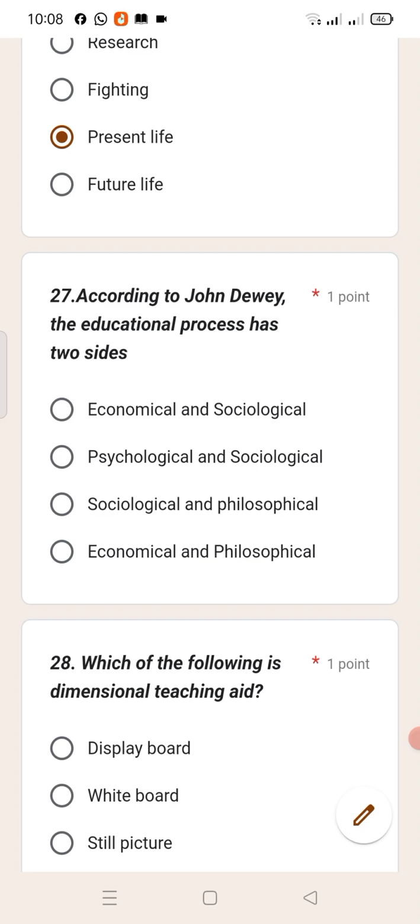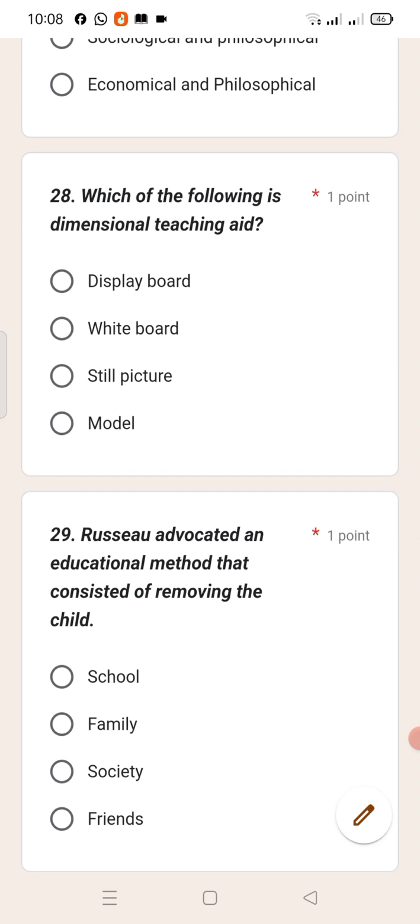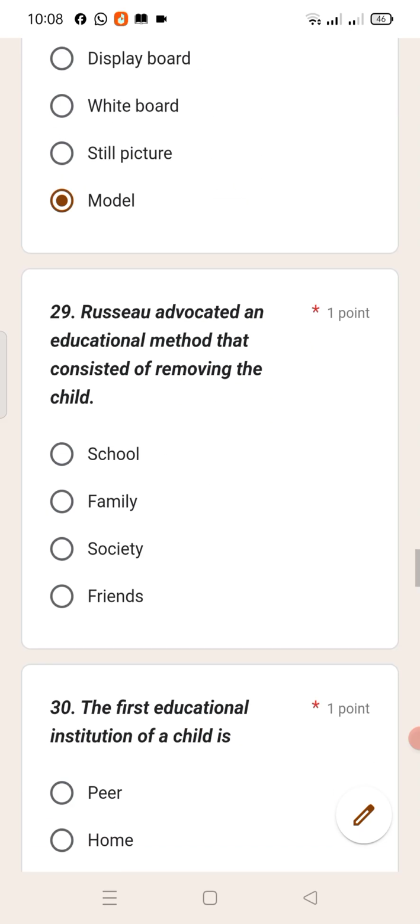I think it is psychological and sociological. Which of the following is dimensional teaching aid? Dimensional. So model होता है.